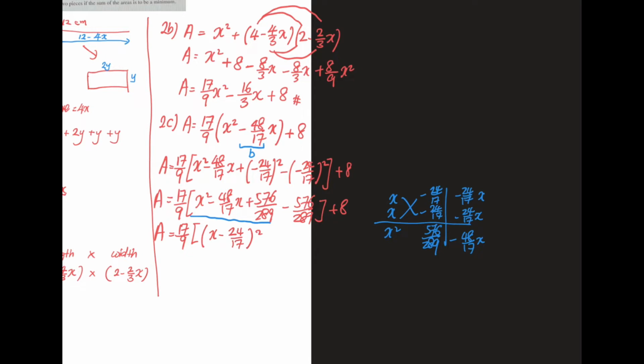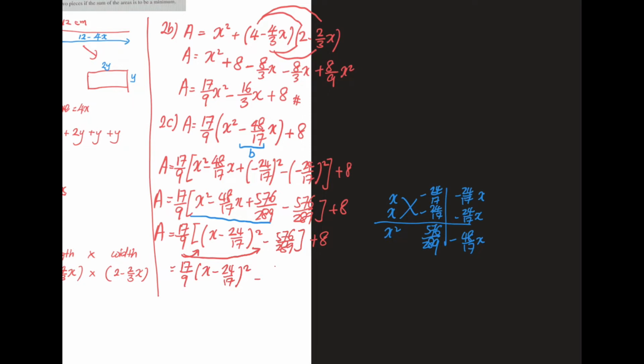Okay, now after doing so for this one, what we need to do is, let's say I just write it back first. I don't want to do anything first. 289, okay, plus 8. Okay, now I times this with this, and I times this with this. So I get 17 over 9. For this I have to use a calculator: 17 over 9 multiplied with these big fractions.